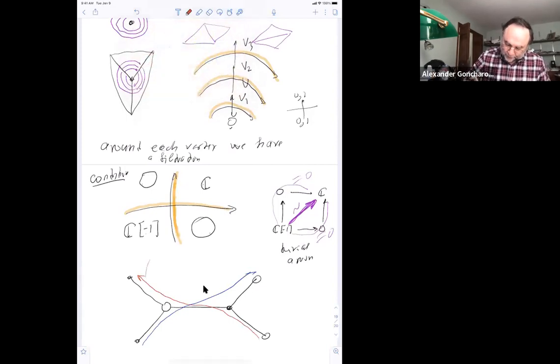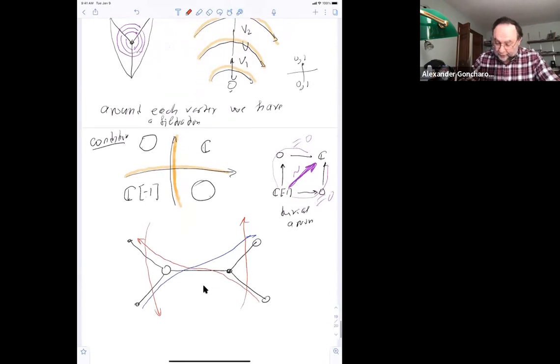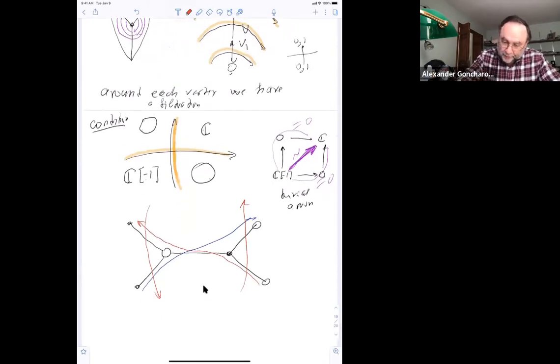So there are also these ones. Now, I was talking about what's happening near this point, but the same thing happens here and here. And if you look at all these co-orientations, you will see that they're co-oriented like that.